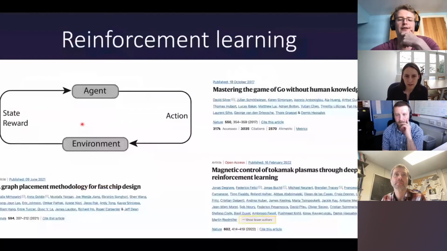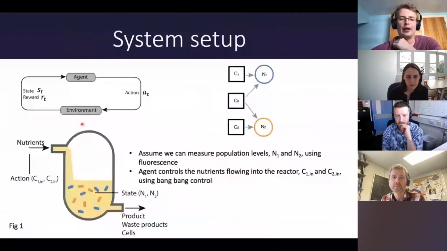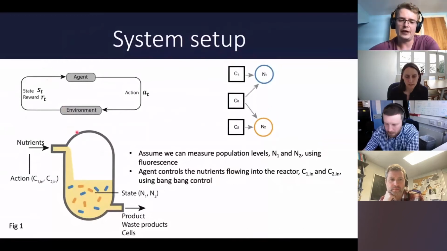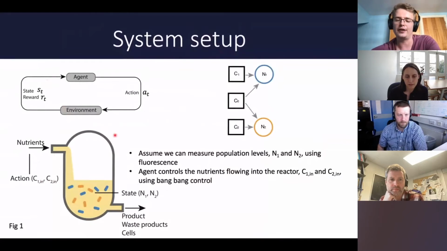Yeah, so it might be best to explain the system setup, just to give a bit of context. So we have our training loop, and we're looking at controlling communities of bacteria. So we model a system in which you have 2 strains of E. coli growing in a chemostat.